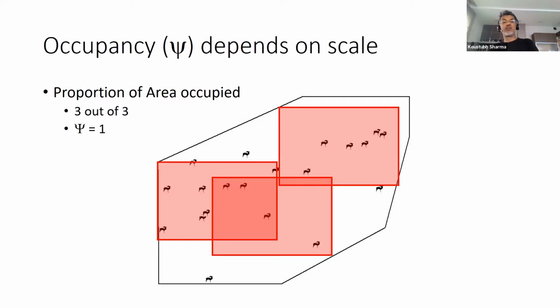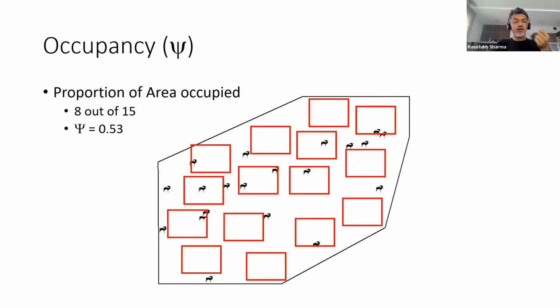Now it can't go more than 1 because you can't have 4 units out of 3, right? At most there can be 3 units that you're sampling. Now, the point that I'm trying to drive home here is that any comparison over time, over space, between 2 areas, or in the same area over time, when you're dealing with occupancy, you must keep your sampling unit size constant.